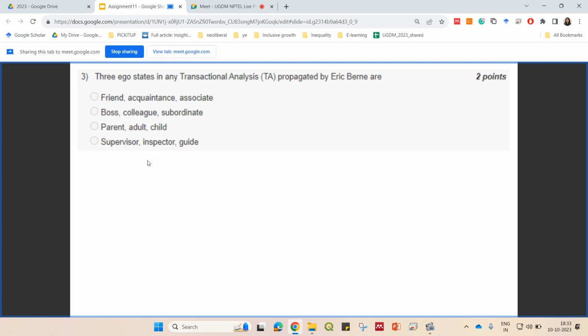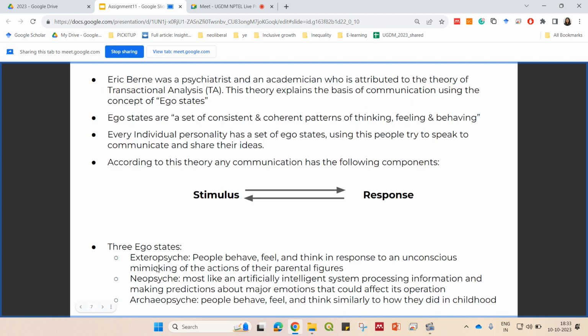So again, the terms which are used in these options are not the technical terms of this theory, but more simplified terms. So, for example, for exteropsyche, you can call it the parent ego state, because you're mimicking the actions of parental figures, figures of authority, from which you have learned certain values or actions or responses to certain situations, how your parental figures respond to a certain kind of stimulus.